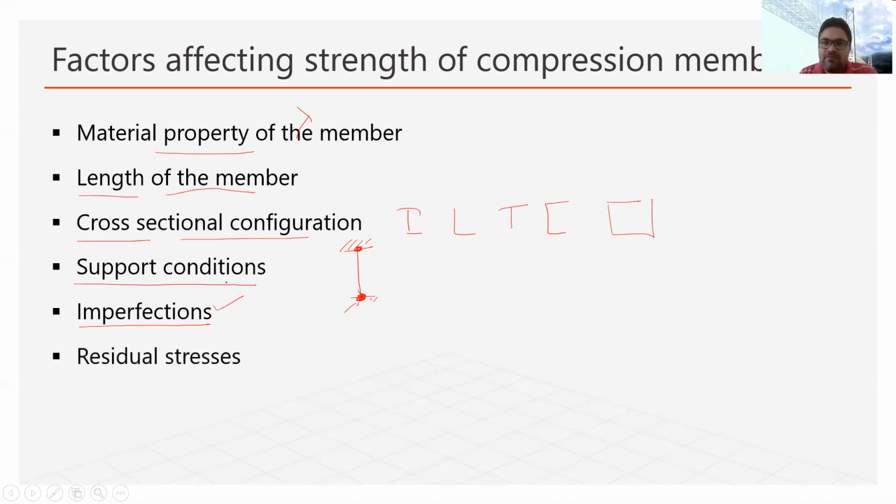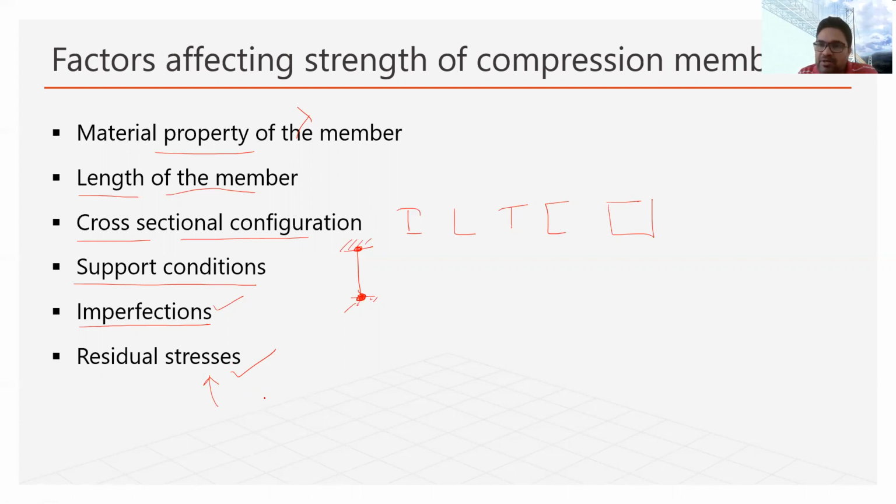Another very important factor is residual stresses. These residual stresses are left in the steel during manufacturing. When we cool the steel sections, if there is uneven cooling, the sections may have some stresses.